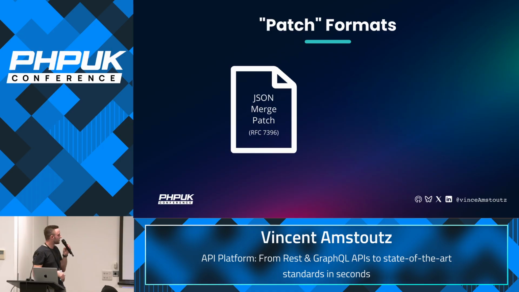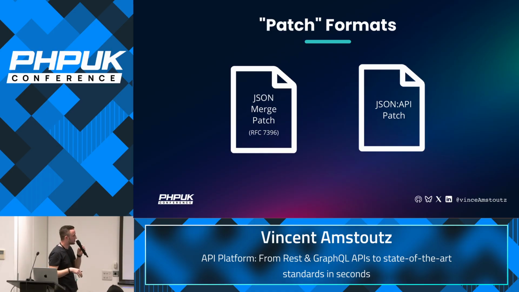So for that, there is one RFC, the JSON merge patch, and the JSON API patch. And you can configure this in API platform, depending on what format you use.